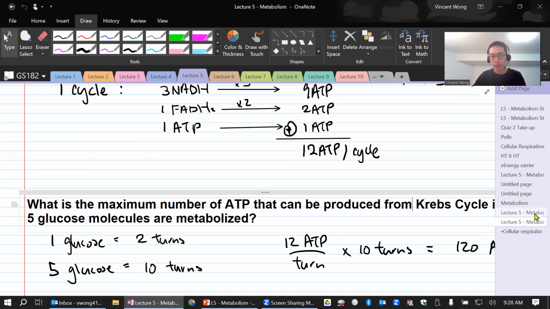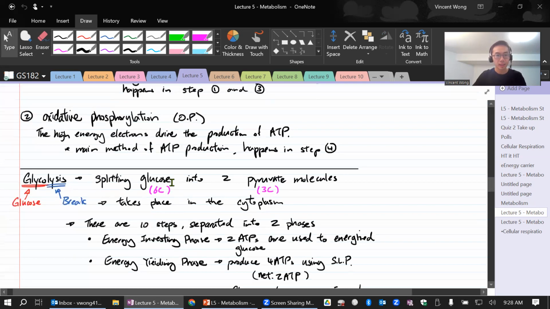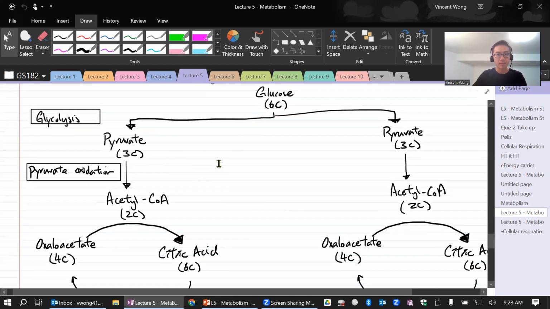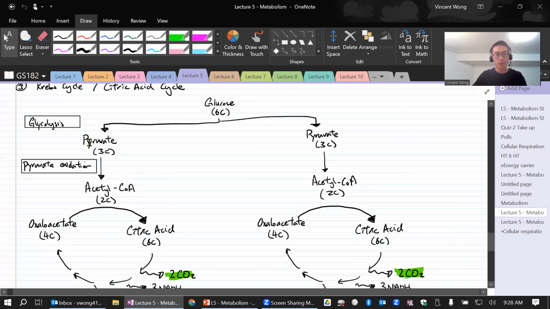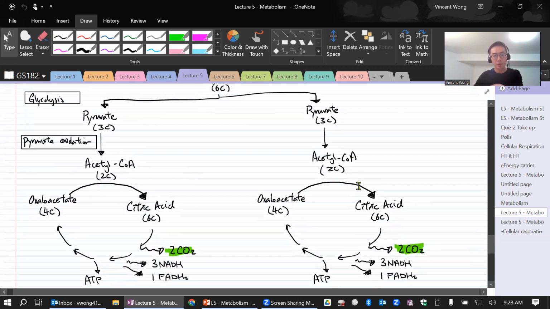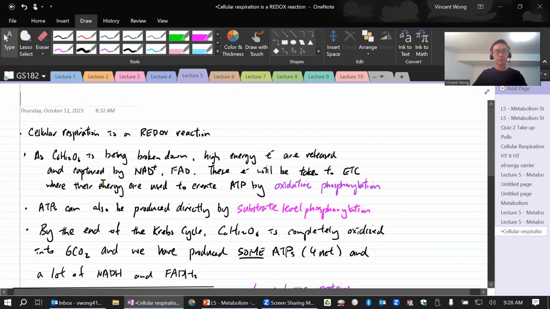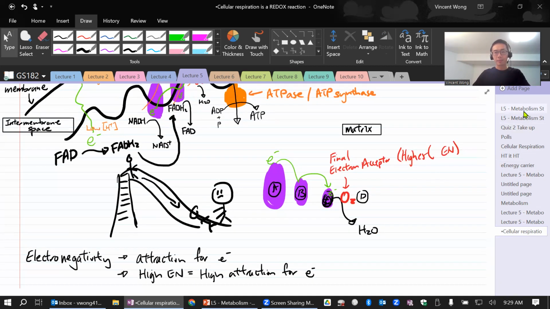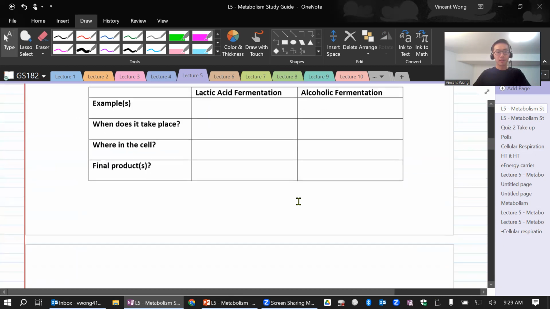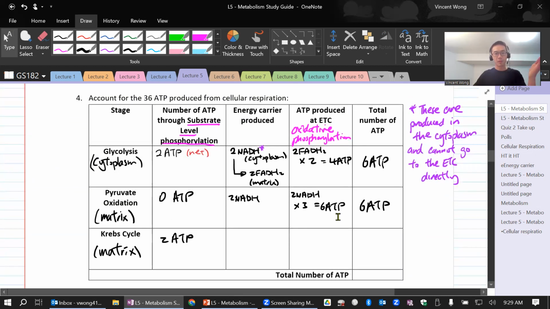See, glucose becomes 2 pyruvate, and then 2 acetyl-CoA, and each of them will do a spin, and then you have one ATP here, 2 ATPs, right? So 2 ATP from substrate level phosphorylation. Good.